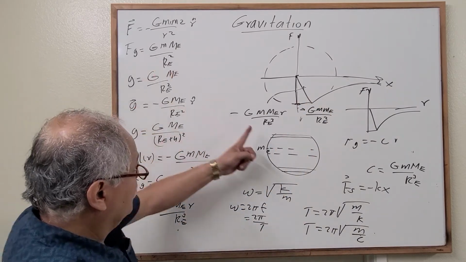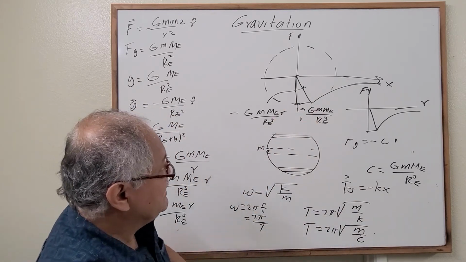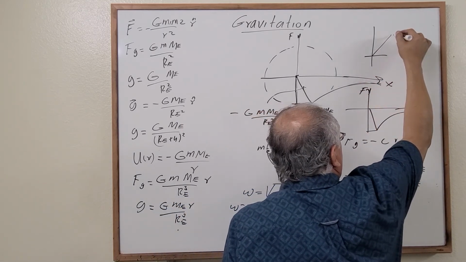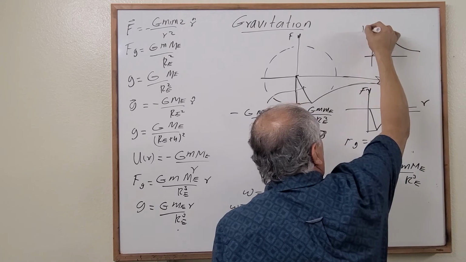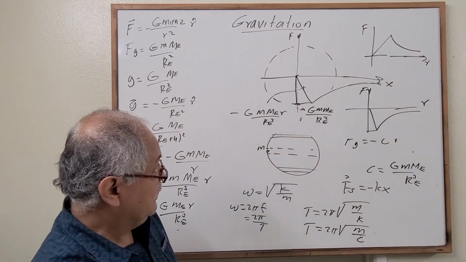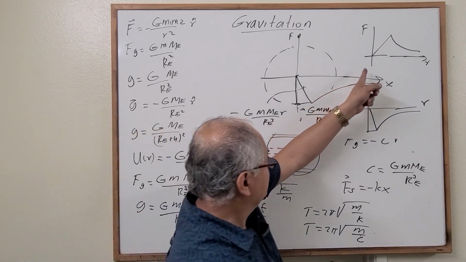And it's negative, that's why it goes in that way. When we take the magnitude, what do we have in this way, and then in this way? This is the force, and this is distance r. This is when we take the magnitude. Here we have the negative direction, and here the magnitude is positive.